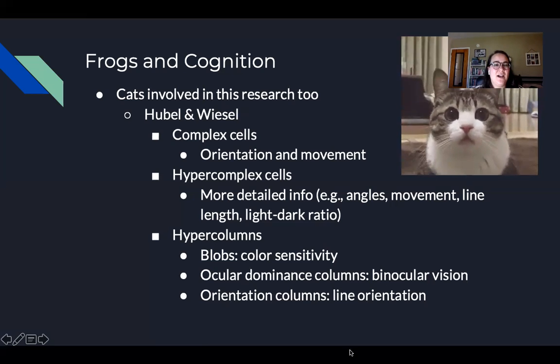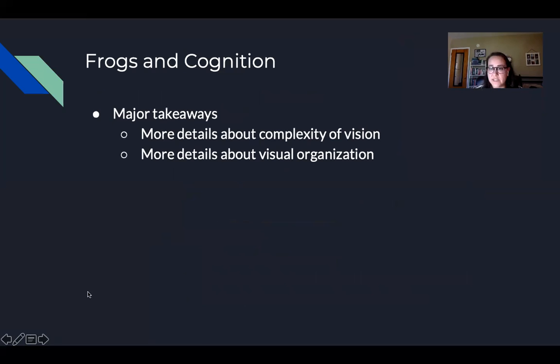So I know that that was a lot of details and jargon, but I just want to summarize and say that overall, the takeaway from all of these details is that researchers really began to unravel the mystery of the complexity of vision. So they were starting to be able to understand better the various bits and pieces.